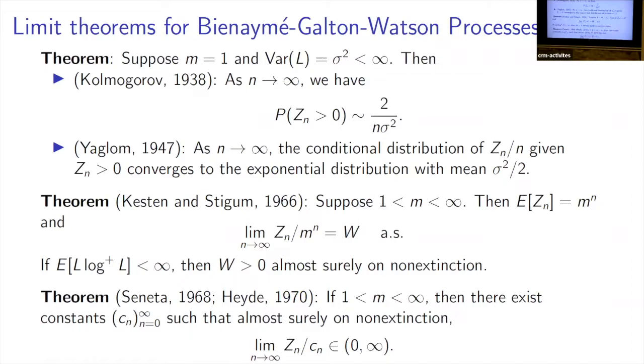In that case, Seneta and Heyde showed that we still can get a non-trivial limit under a different scaling. There exists a sequence of constants Cn such that if we take Zn over Cn, then almost surely on the event of non-extinction, that will converge to a limit which is strictly positive and finite.